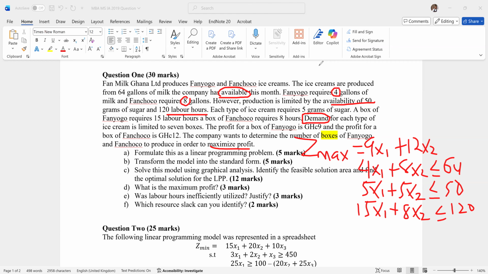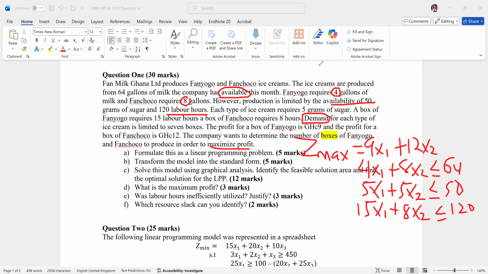I think x1 should be less than or equal to 7, and then x2 should be less than or equal to 7. Okay. So guys, that's what he thinks.